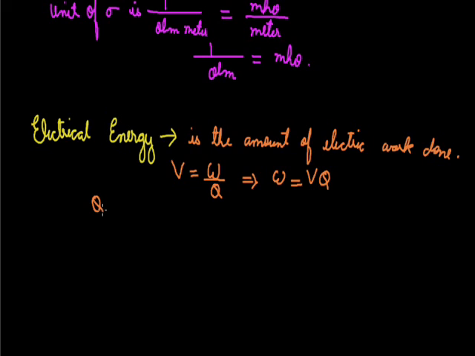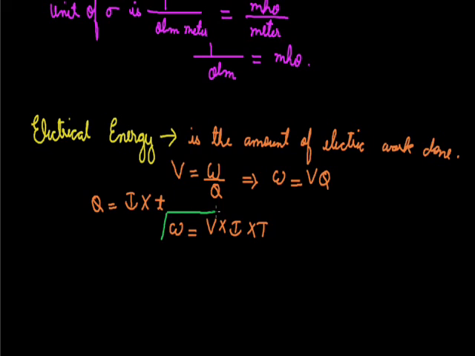Q can be expressed in terms of current as current into time. On substituting this value of charge in the above equation, we get V, that is potential difference, into I, that is current, into T, that is time.